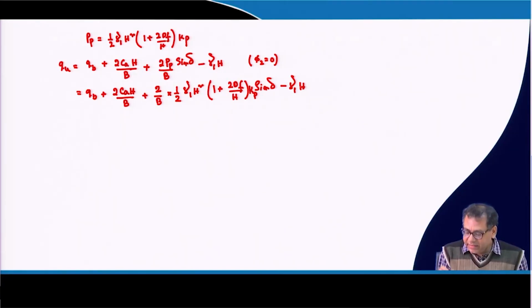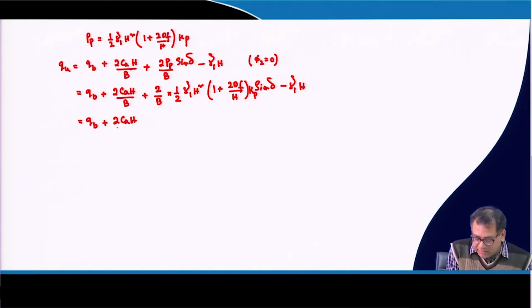Now, this sin delta, this Kp part we are now converting, and we are writing that Qb plus 2 CaH by B cancels out.